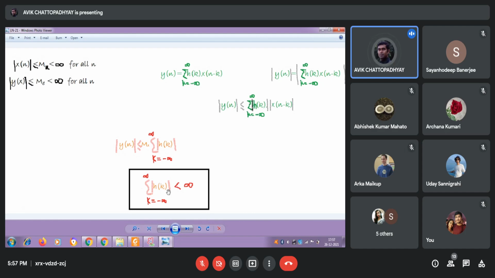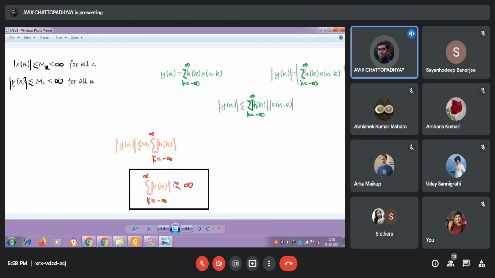But if it is not, then no. Again, this condition is necessary as well as sufficient. It is not only necessary, it is also sufficient, that means there is no other condition. If this is satisfied, you can blindly say that my LTI system must be stable.